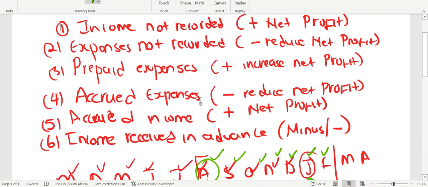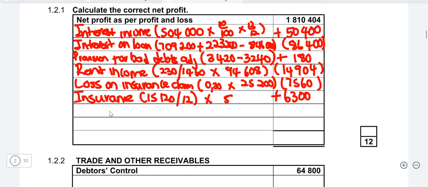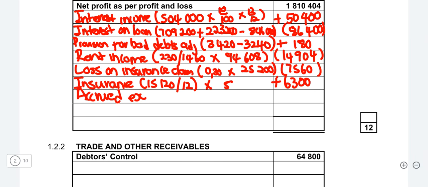So we are going to reduce our net profit as stated before. We don't have to say accrued expenses, we can just write the name of the account, directors fees. Okay, so we can write that.